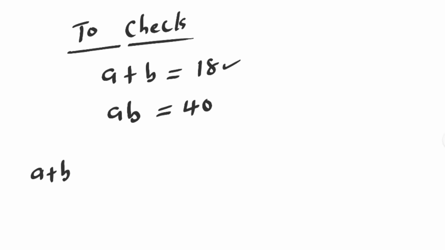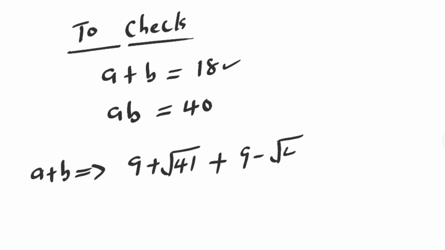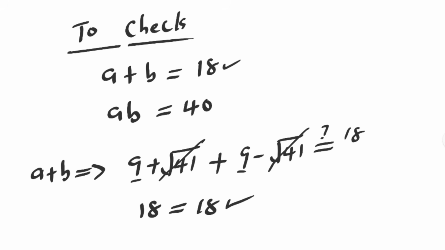A plus B can be written as 9 plus square root of 41 plus 9 minus square root of 41 must be equal to 18. This cancels this. 9 plus 9, this is 18, is equal to 18, which is true.